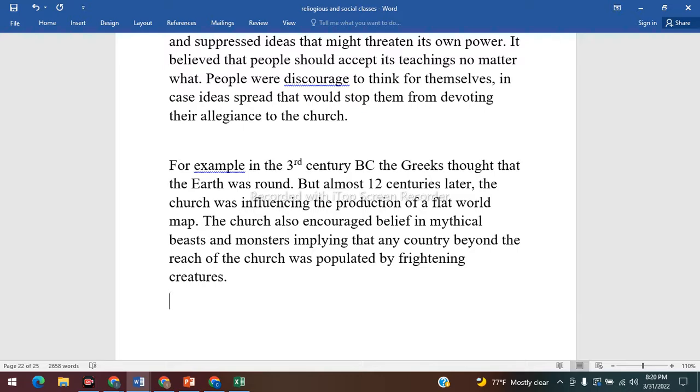However, that's only two that the book mentioned, at least right at this juncture.